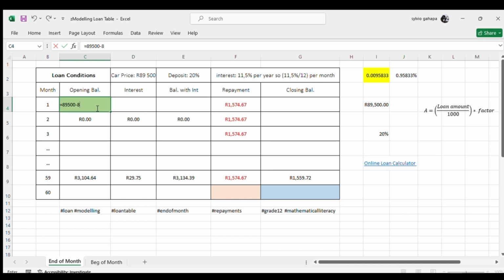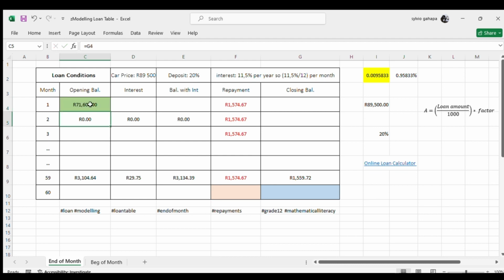Minus 89,500 multiplied by 20%, which represents the deposit here, right? So as you can see here, that is what I'm short of, which is actually 80% of the car price. I can either do this, and I'll get the amount 71,600, or I can simply say 89,500 multiplied by 80% of the price.